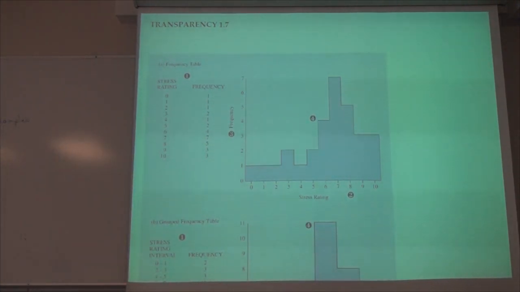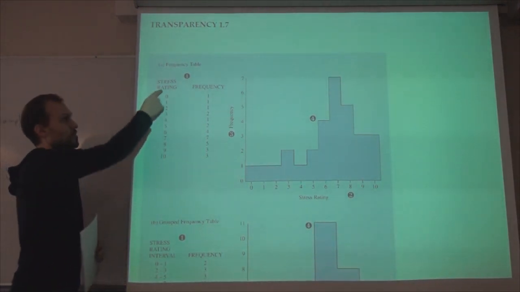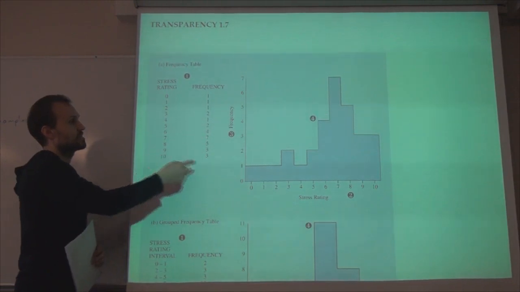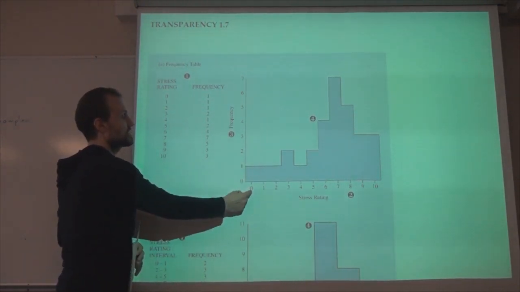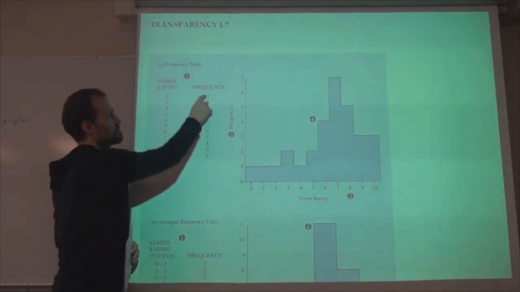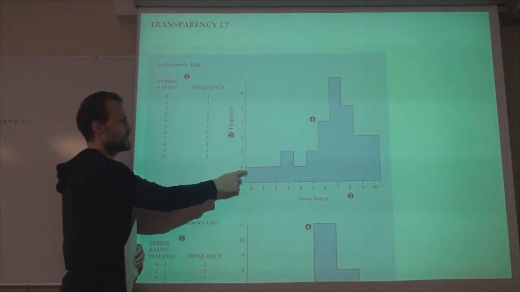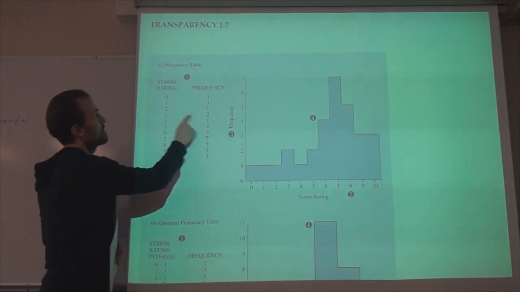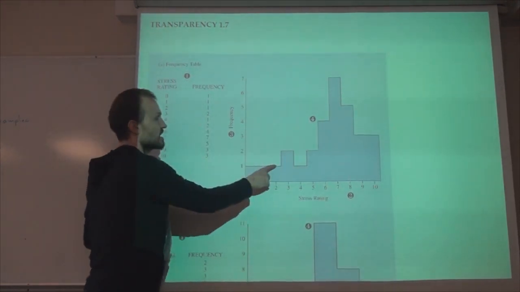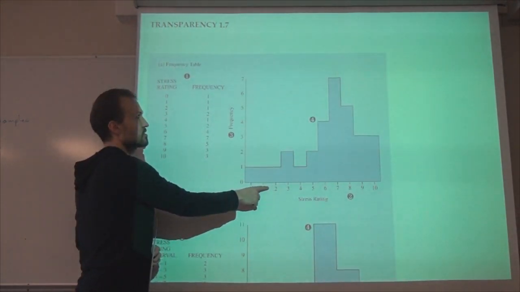So each grouping or value here has a little bar associated with it, centered at the value, with the height corresponding to the frequency or the percentage, whichever one you prefer. So 3 here occurred 2 times, so it has twice the height of the other 2.